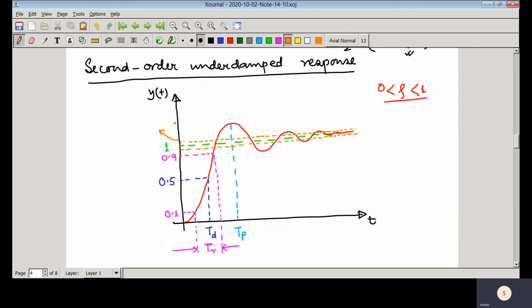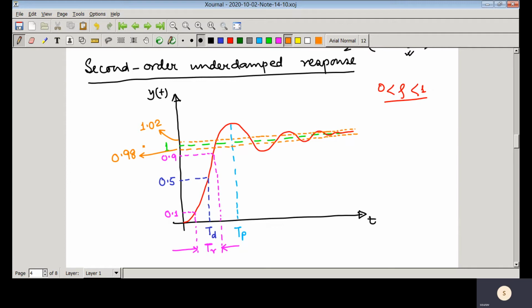So this value is 1.02 and this value is 0.98. That means we consider a plus minus 2% band with respect to the final value, the steady state value.